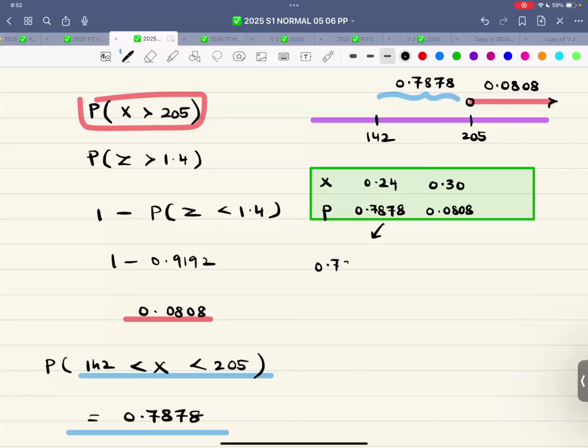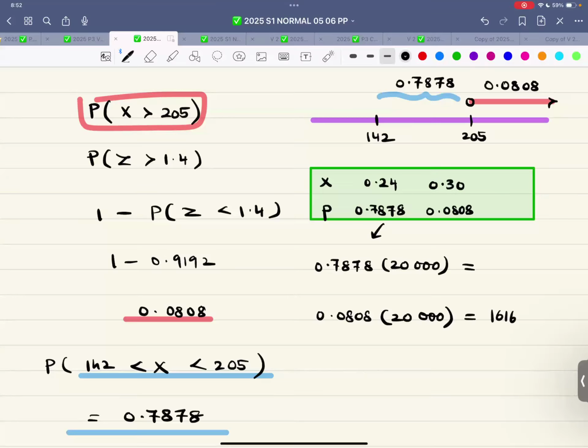So 0.7878 of 20,000 apples is how much? How many apples are there? And 0.0808 of 20,000, how many apples are this? Let me first calculate. So therefore, into 20,000, that is 1616. This is this thing, 1616.